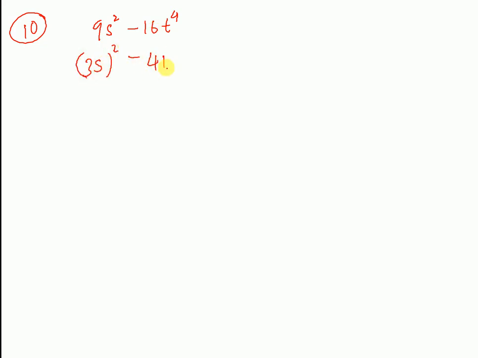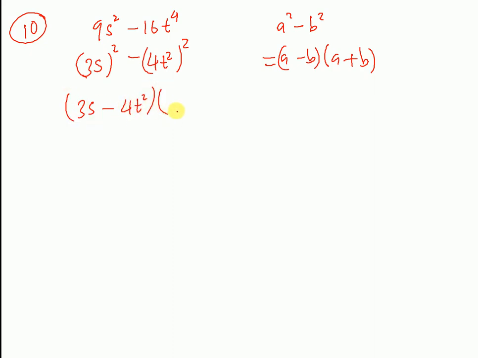This is 4t squared, and then the whole thing squared, because 4 squared is 16 and t squared squared is t to the fourth. And again, a squared minus b squared equals a minus b multiplied by a plus b. Now this is a, this is b. So we have a minus b multiplied by a plus b, and this is the final answer, which is B.